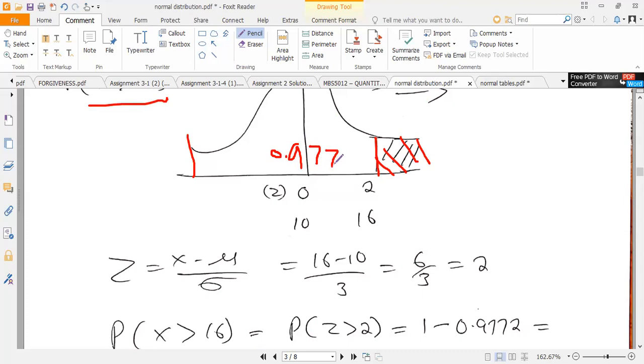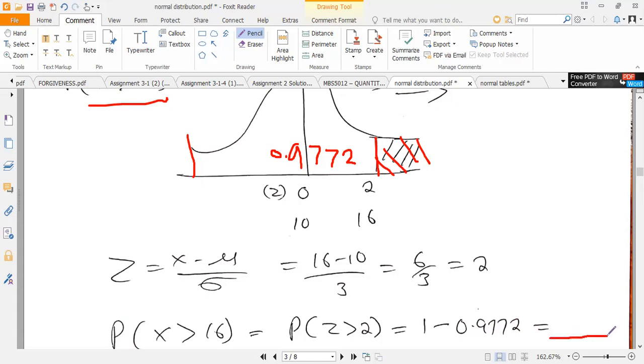Remember from our application, we said if the shading is small, the answer we get, we subtract from 1. If from here to here is 100%, or 1, and from here to here is 0.9772, how do we get this small reading? We subtract our answer from 1. So 1 minus 0.9772, we get our answer there.